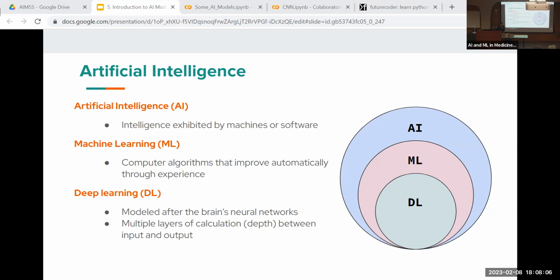And to be even more specific, deep learning refers to the models that are inspired by the brain's neural networks. And deep learning models usually consist of multiple layers of calculation, so that there is a model and you give it an input and you expect an output from it.